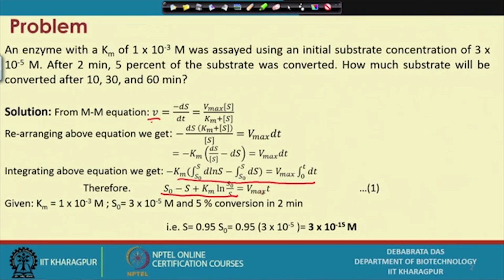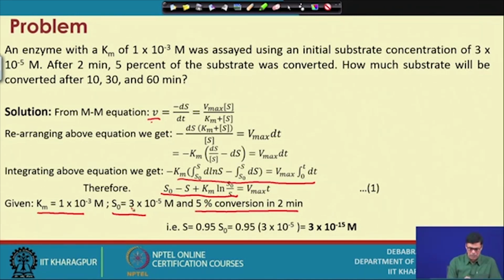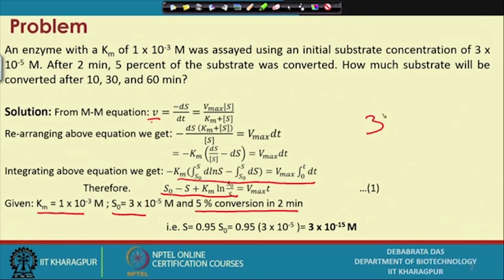In the problem, Km is given, S0, the initial substrate concentration, is given, and 5% substrate converted in 2 minutes. So the time of reaction is 2 minutes and the conversion is 5%. The initial substrate concentration was 3 into 10 to the power minus 5 moles.